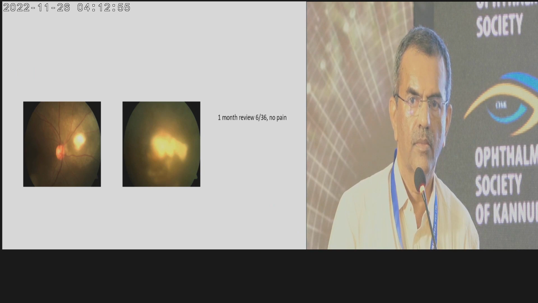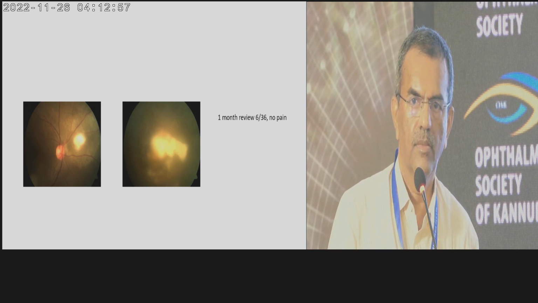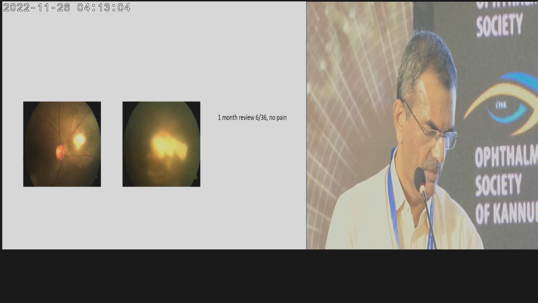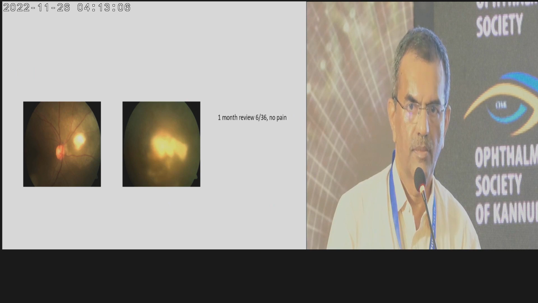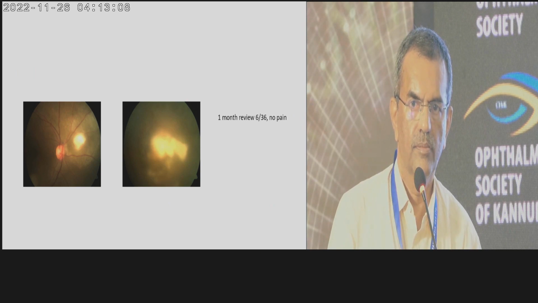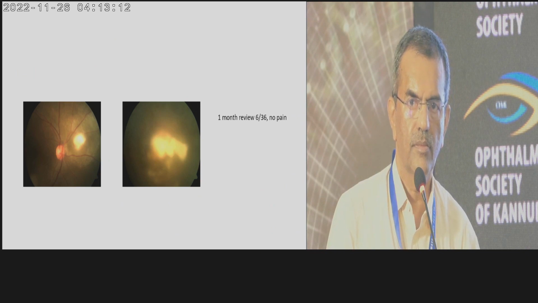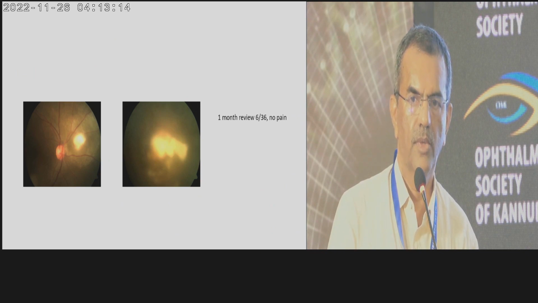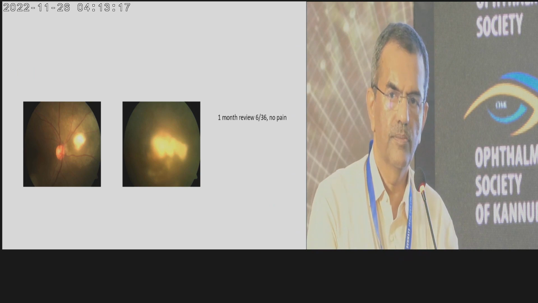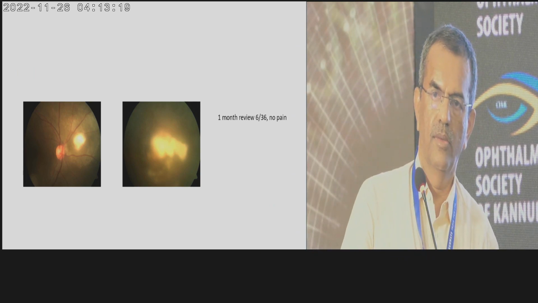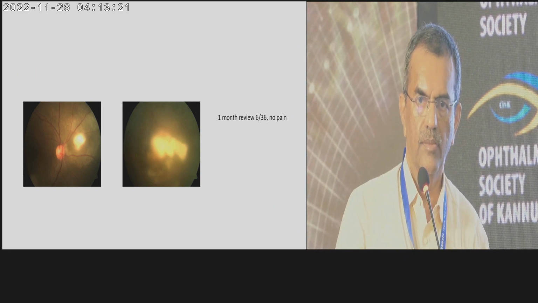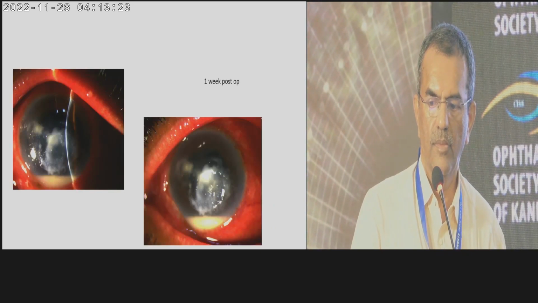So what happens is the general history is a history of fever or some diarrhea, and the patient's been given an IV glucose at that time. And the patient comes 15 days later and he has an endophthalmitis. So this is likely to happen. This is an ambulatory patient likely to be an endogenous endophthalmitis due to some source which was given to him through some IV or some other form.